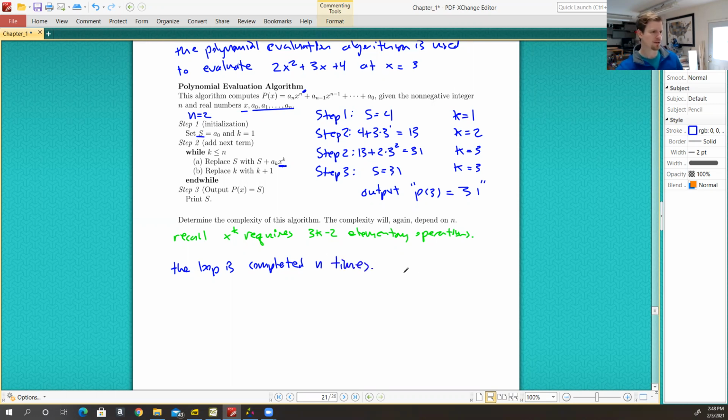In each loop, we have 2 additions in each loop.